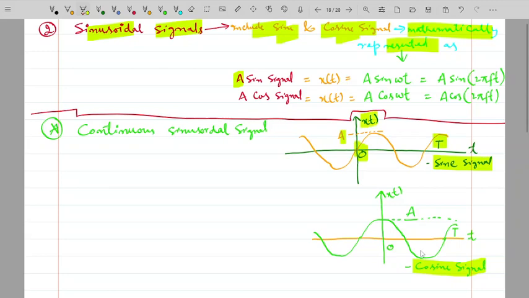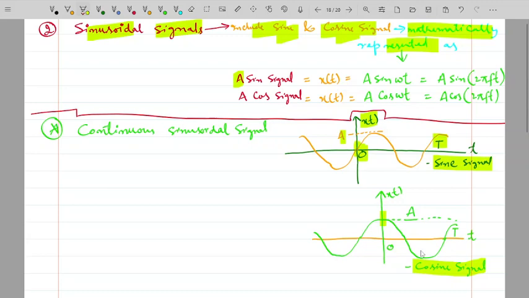Similarly for the cosine wave, the difference between sine and cosine is that the cosine wave does not start from the origin. It starts from the amplitude, so when the cosine wave starts it has some amplitude, and when the sine wave starts it has no amplitude, it is zero. So this is the difference between them.